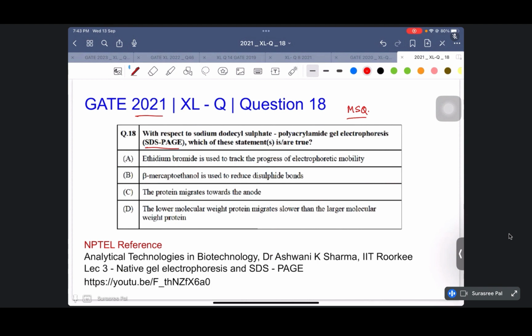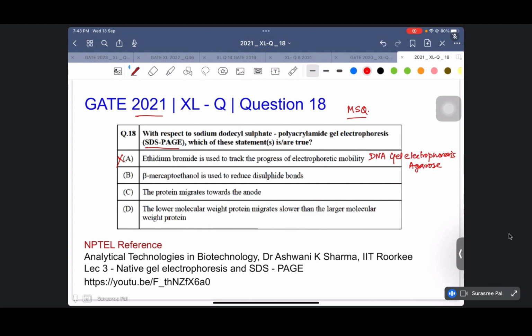Ethidium bromide is used in agarose gel electrophoresis only, not in SDS-PAGE. So it is a correct statement but not correct with respect to the question. It is for DNA gel electrophoresis or agarose gel, so this option is not correct.